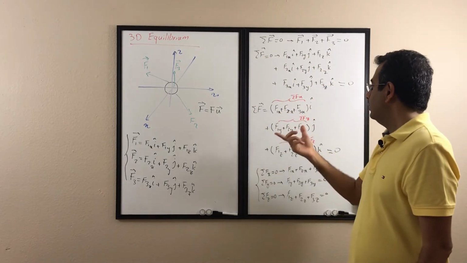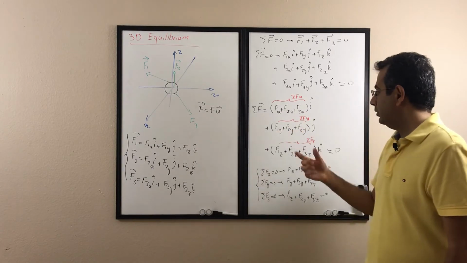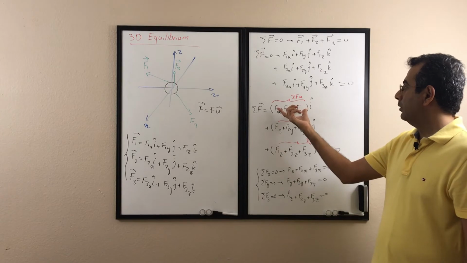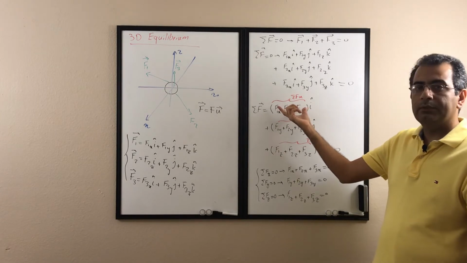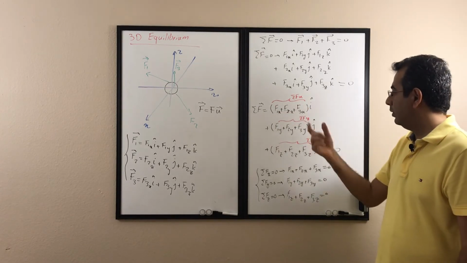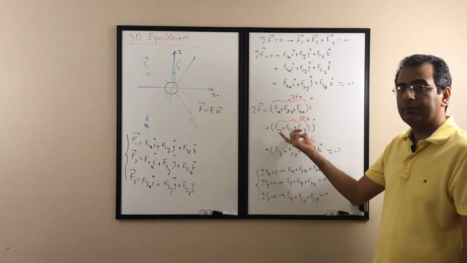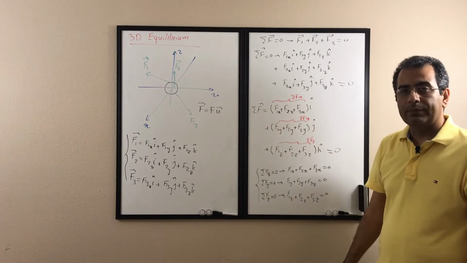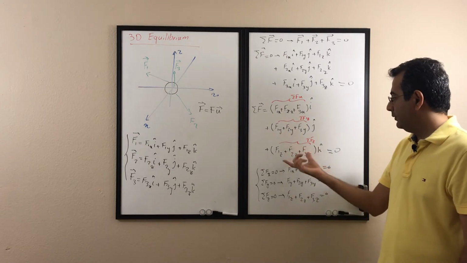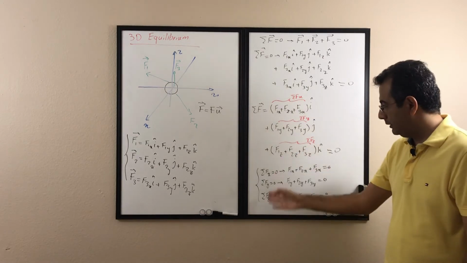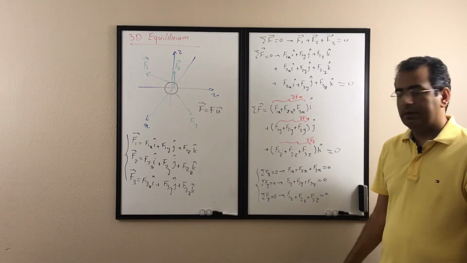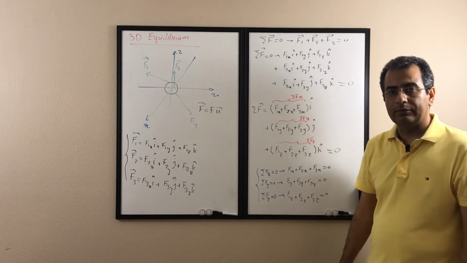Put all the i components together, all the j components together, all the k components together. Then all the i components are your sigma Fx, make it equal to 0. All the j components are your sigma Fy, make it equal to 0. And all the k components are your sigma Fz, make it equal to 0. That gives you a system of equations, and you can solve it to get any unknown you have in your problem.